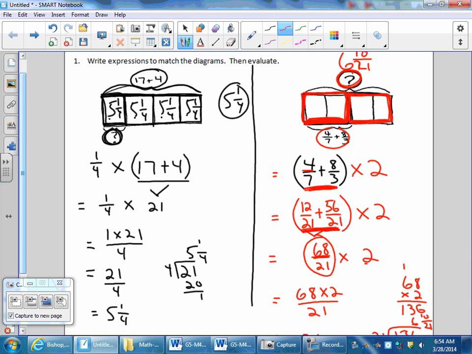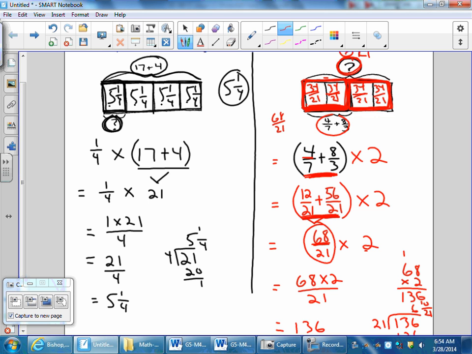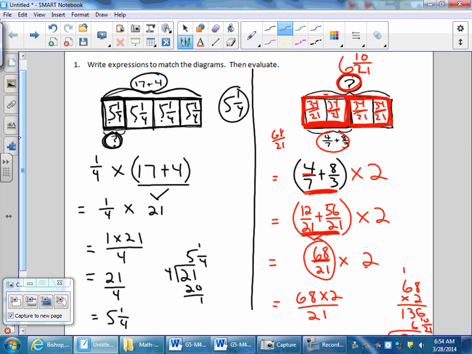Well, if I had that as 68 21sts, and there's 2 equal pieces in it, each one of them would be 34 21sts. And so would this, which we can convert into a mixed number of 1 and 13 21sts. If you added that entire piece up, you would have your 136 21sts for a grand total of 6 and 10 21sts.